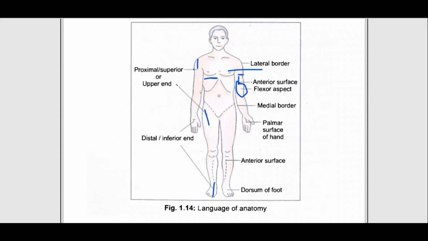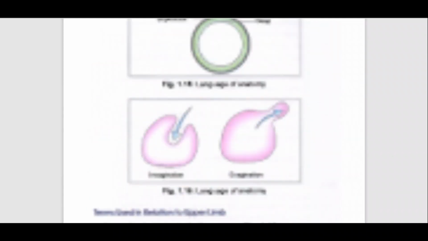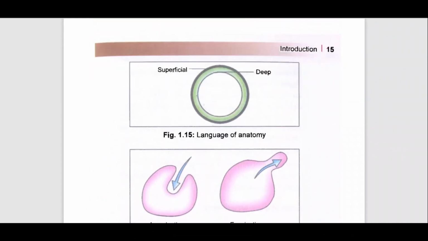This is your upper end of the lower limb, and this is your distal or inferior end of the lower limb. This is the anterior surface. This is dorsum of foot, or this is the inferior of your upper limb, and this is the superior of your upper limb.